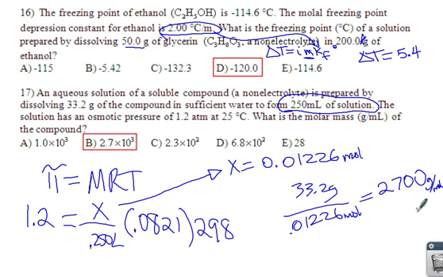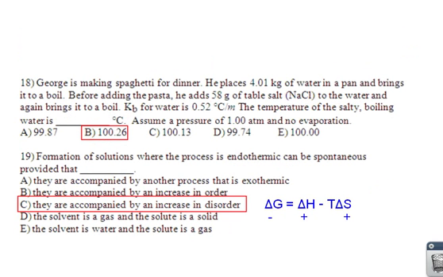All right, let's go to 18. 18, George is making spaghetti. How much does the temperature change? This is the delta T, K_b, molality, and an i in here for fun. Do we need the i this time? Yes.